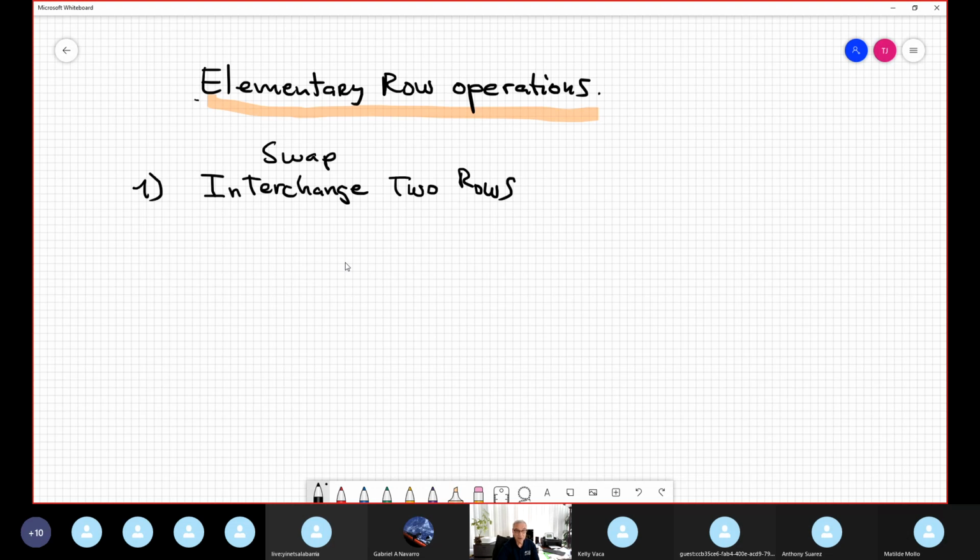The symbolic way to indicate this is R1 swap R2. This is perfectly valid because remember, this is a system written in matrix language, but each row is an equation and the order of the equations doesn't matter. I can call them 1, 2, 3 or in any order, so it's perfectly possible.